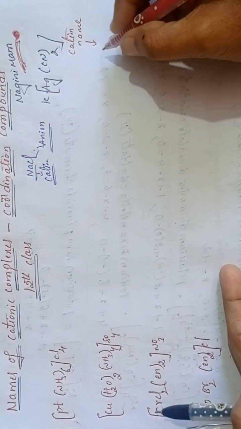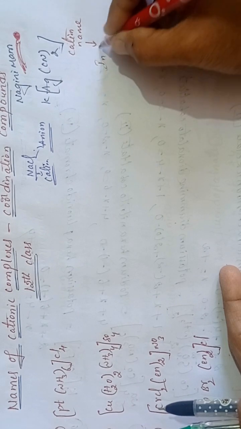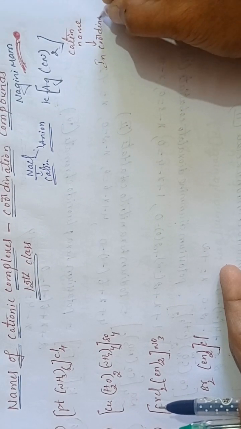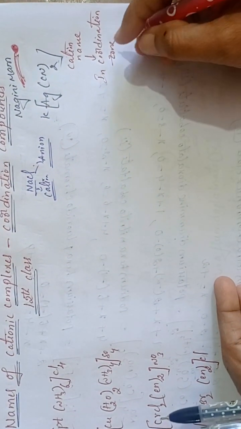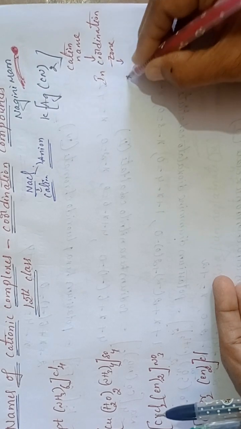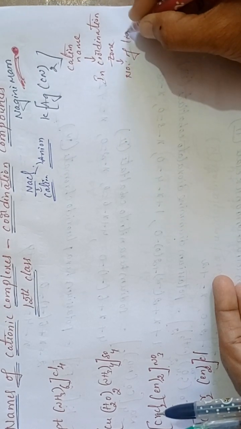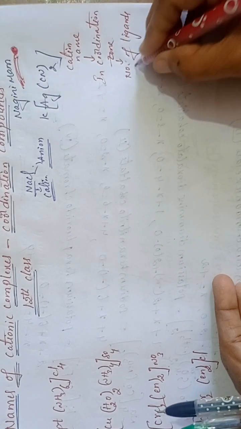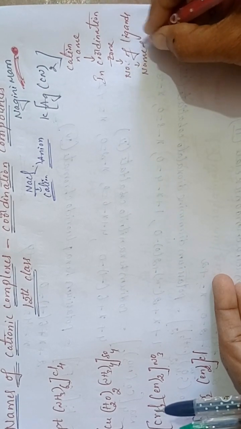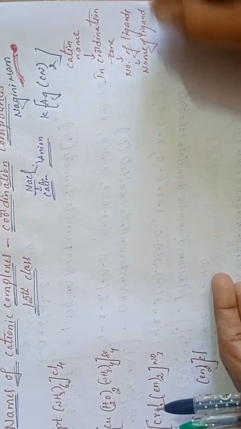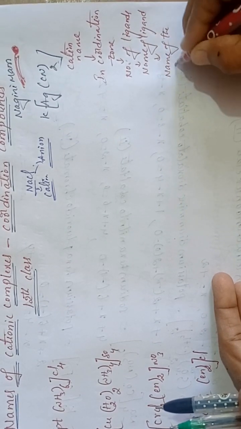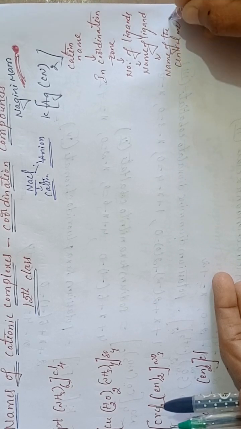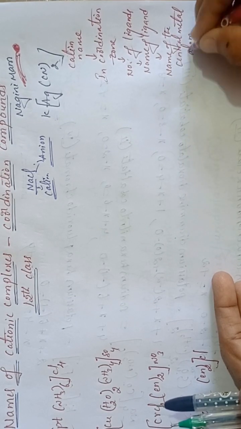After that, in the coordination zone, in the square bracket part, are you clear? First, the number of ligands should be written. Next, the name of the ligand should be written. Next, the name of the central metal atom should be written.